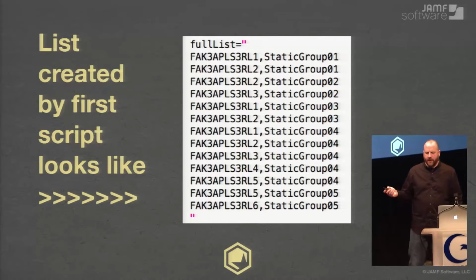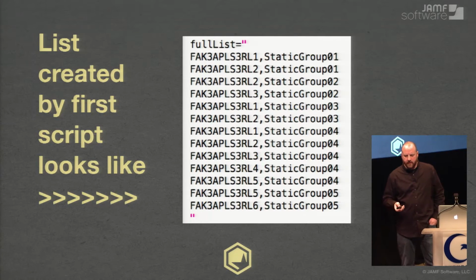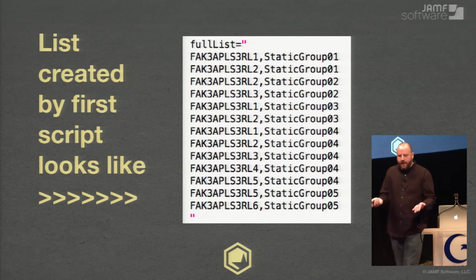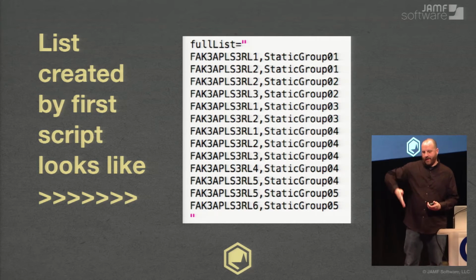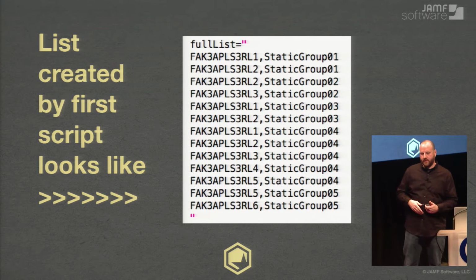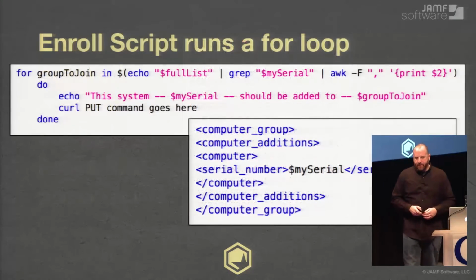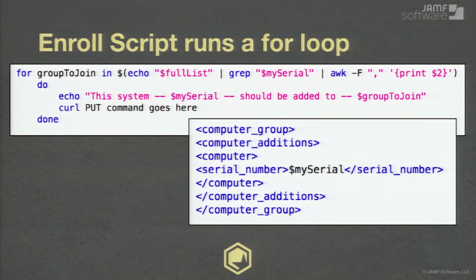So I don't have a video demo of this. It didn't really lend itself to that, but the list that gets created looks like this. It's just a list that's serial number, comma, static group. And then when the magic happens, it just runs a for loop that says, what's my serial number?